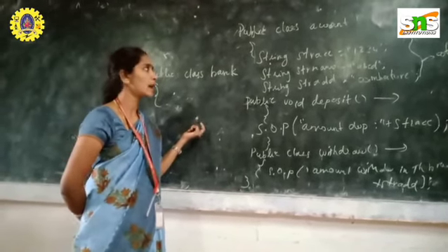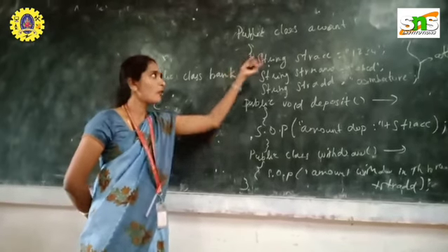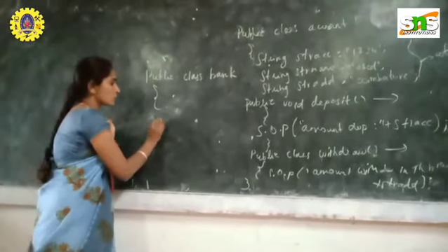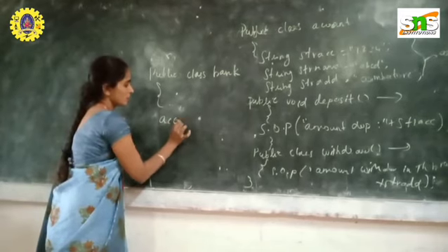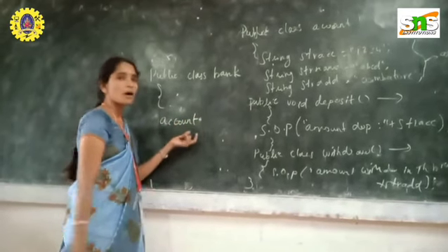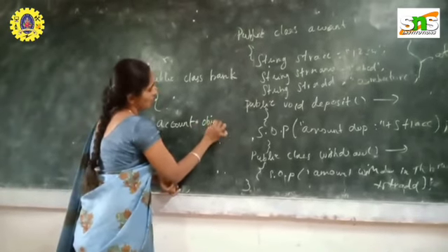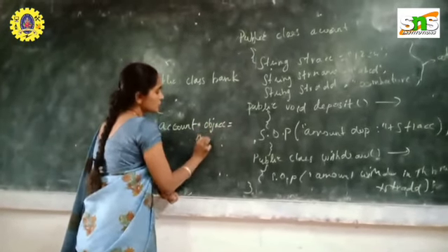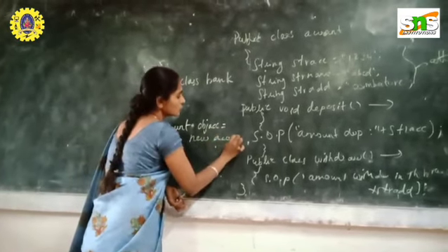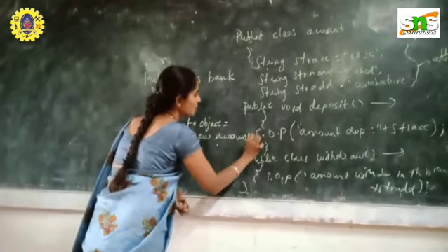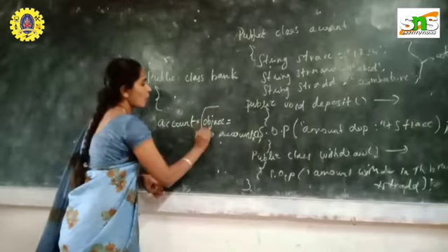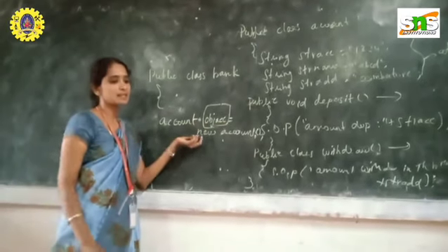So object account equal to new Account. This is my class name, and this is my object name, object acc.